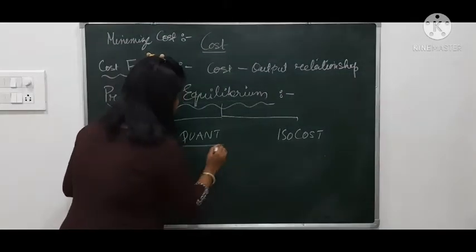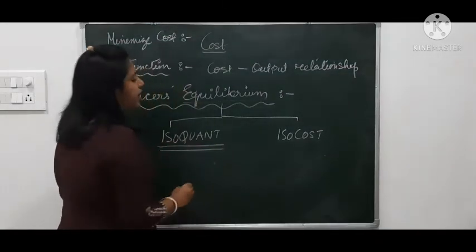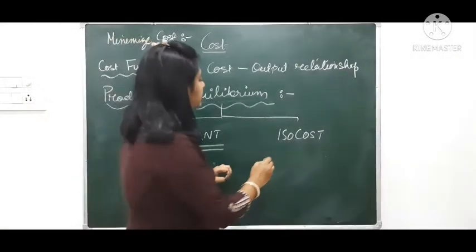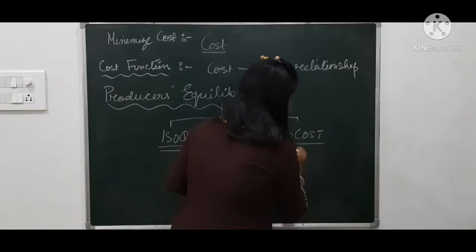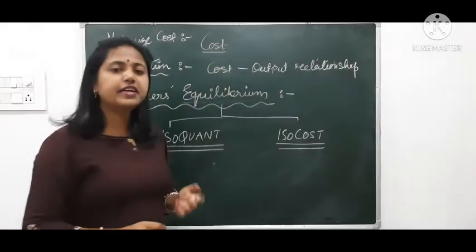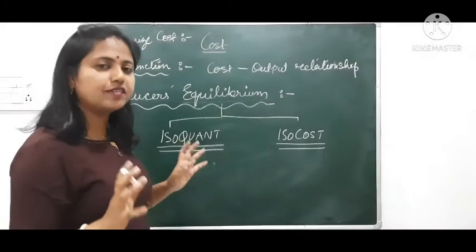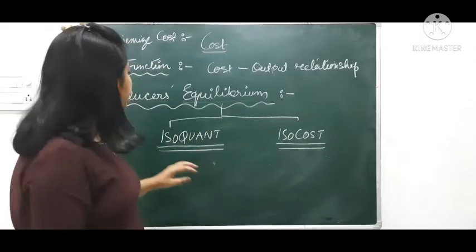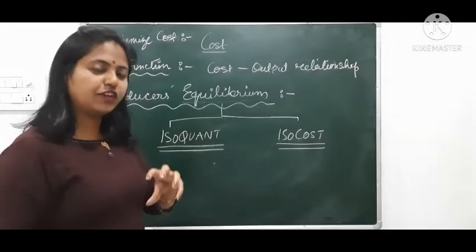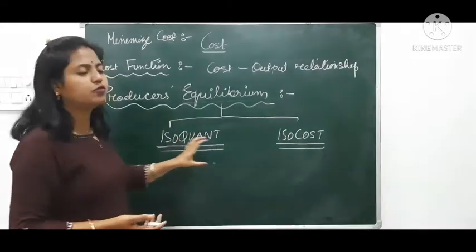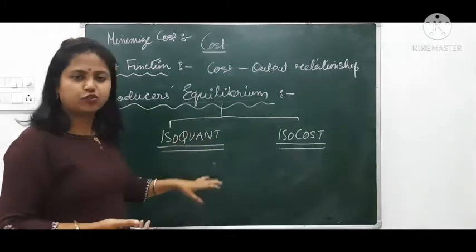We will first discuss iso-quant, then in my next video we will discuss iso-cost, and after that we will see the producer's equilibrium. So let us dedicate this video to discussing iso-quant. Let's start.